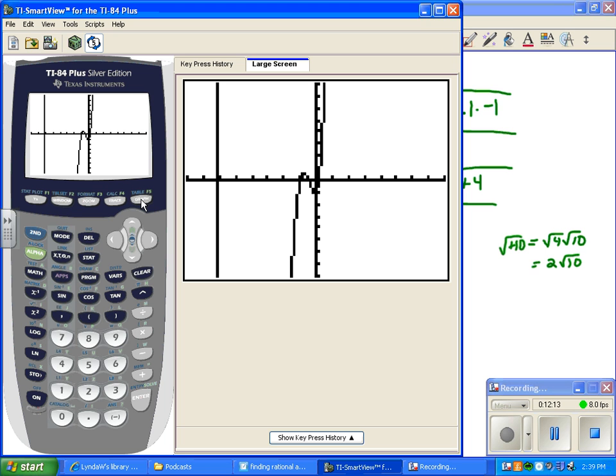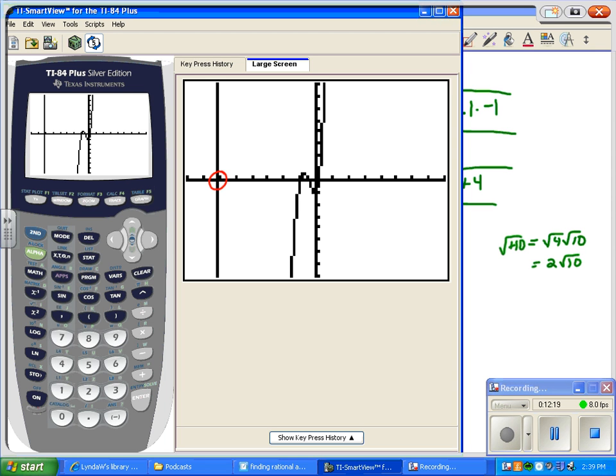I would look at this and try to get an understanding of where my answers are. Looks like there's one, let's see, around negative 6. It doesn't look like it's exactly negative 6. That looks like negative 1. There's my negative 1/2, and then that's that positive 0.162. If you want to know for sure, go to your table of values.